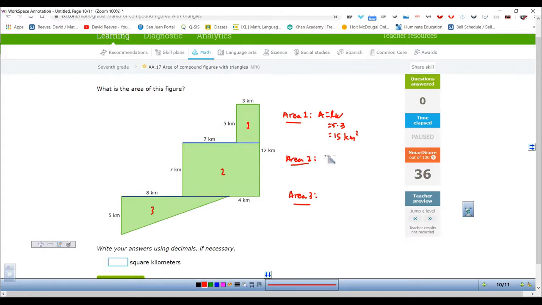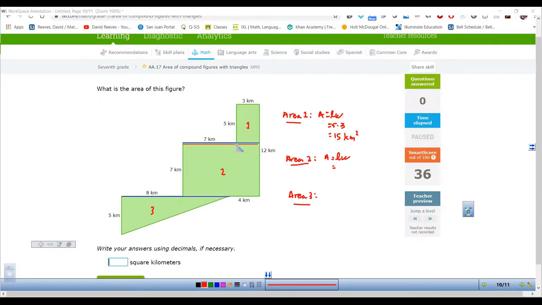All right, area 2 is also a rectangle, length times width, right? All right, so again, it's 7 times what? We talked about this in the last video. Sometimes you're going to know very clearly what those lengths are, like this one was 5 times 3, was easy to see. But right here, I need to know this distance all the way across here. And I know from there to there is 7, but what about from there to there?